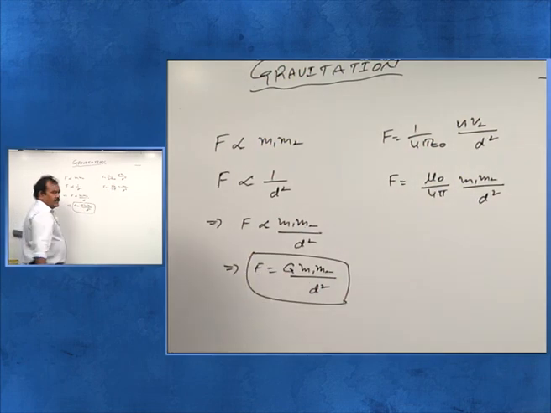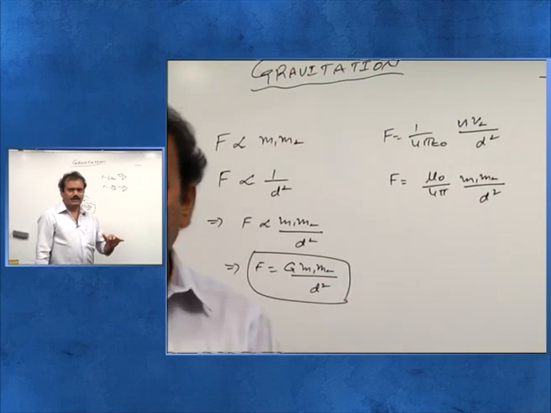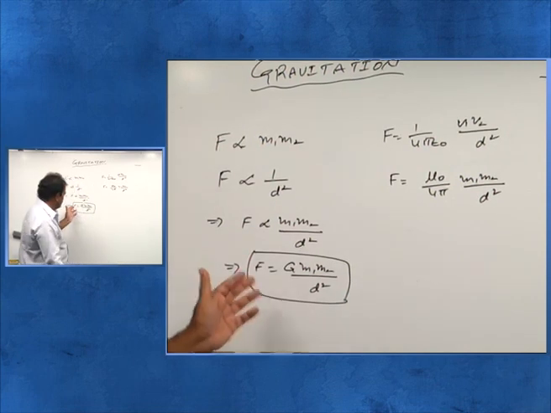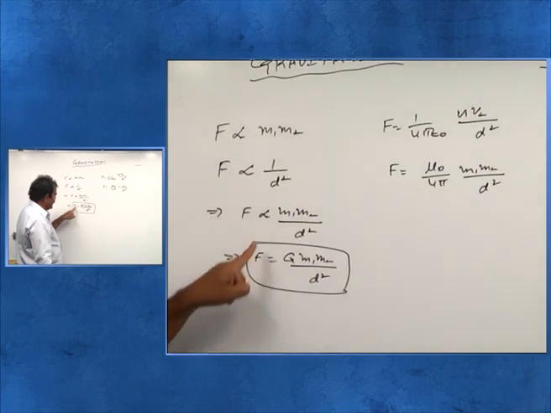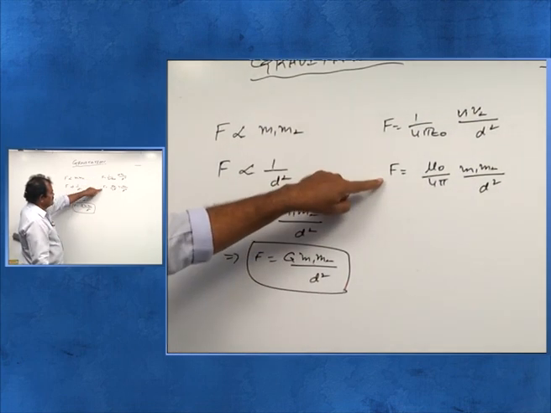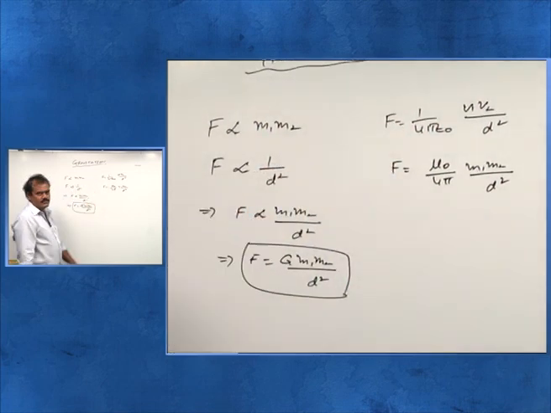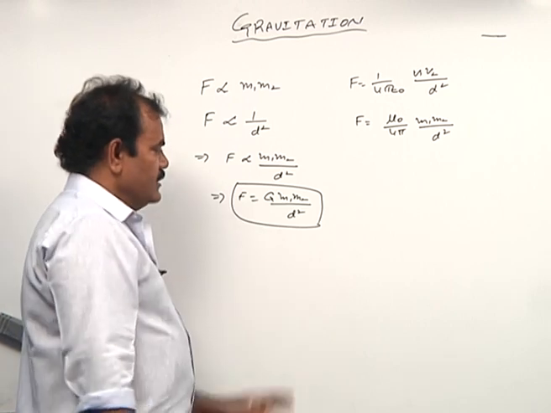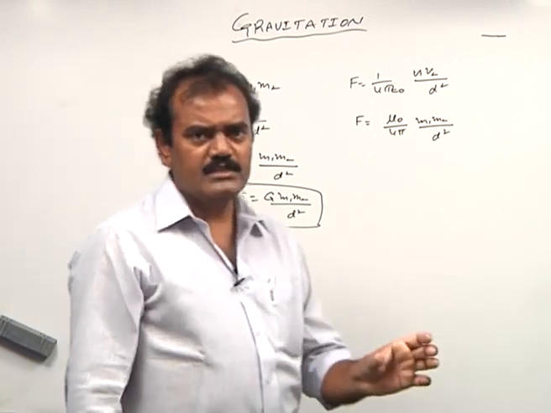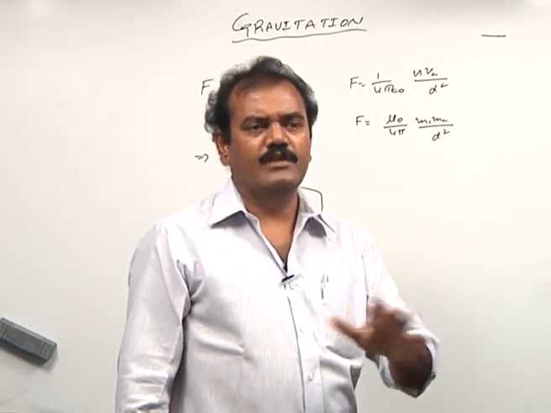In the other two cases, the force can be either attractive or repulsive. In gravitation, it is only an attractive force, because between two masses the force of repulsion is not defined at all.